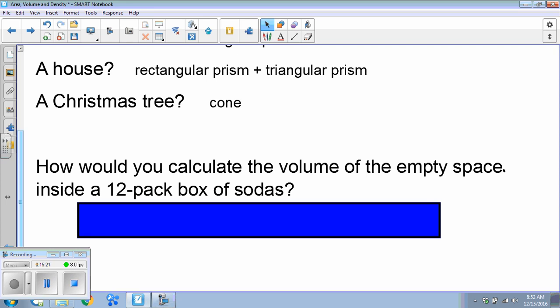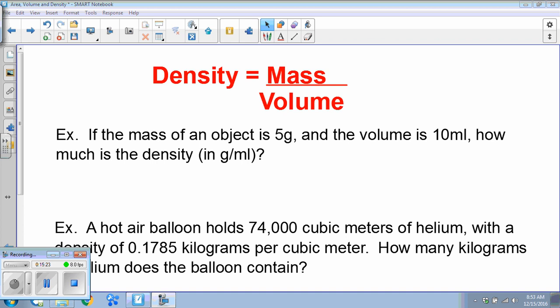Density is mass divided by volume. If they give you the volume, it'll say cubic inches or cubic feet or cubic whatever, so you'll know that that's the value for the volume. It's because the unit is cubed.